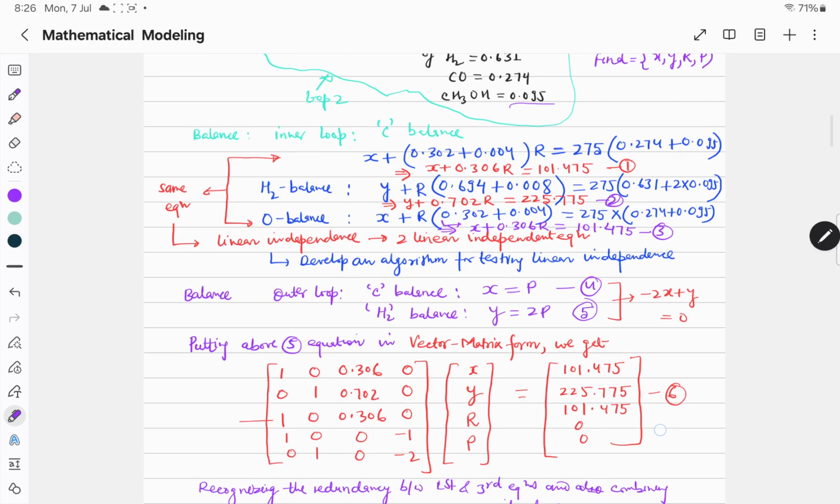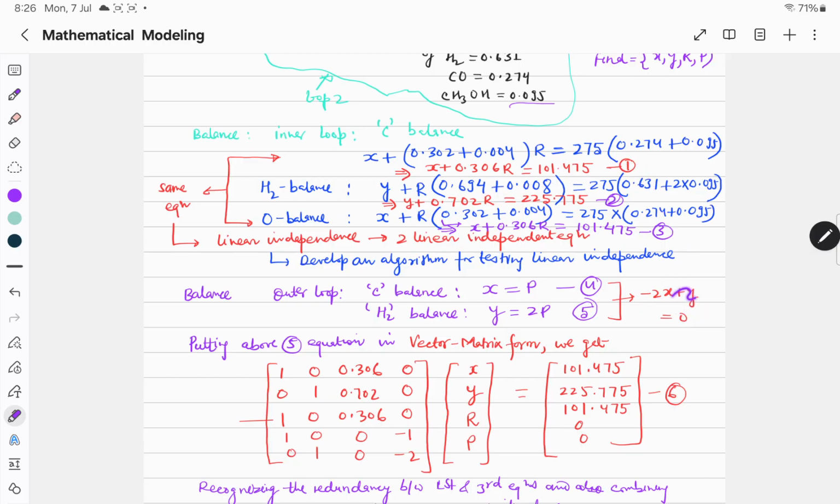But you see that x is equal to P and y is equal to 2P, so minus 2x plus y, if you add up, will give you 0. Because x and P are related, if you get the value of x, you will get the value of P, and by multiplying by 2 you will also get the value of y. So these are related, so I have converted it into a single equation.